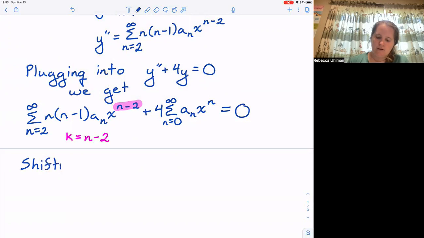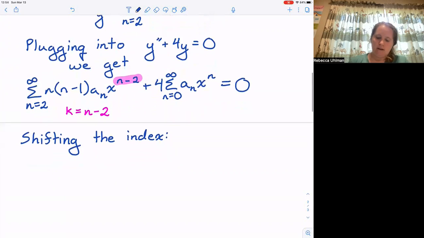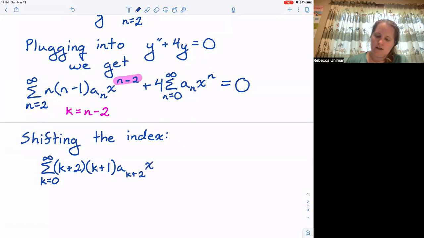Shifting the index, we are looking at the sum from k equals 0 to infinity of k plus 2 times k plus 1 times a sub k plus 2 times x to the k. I'm going to go ahead and just multiply in that 4. So we have plus the sum from n equals 0 to infinity of 4a sub n x to the n equals 0.